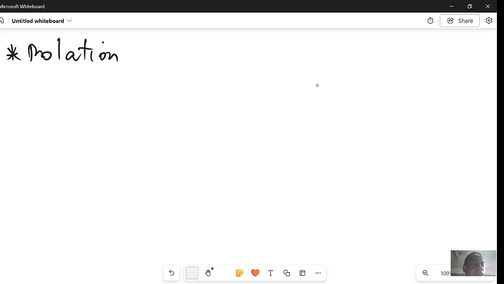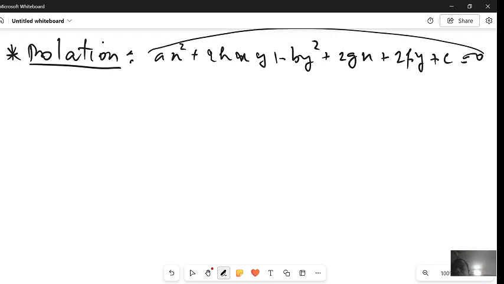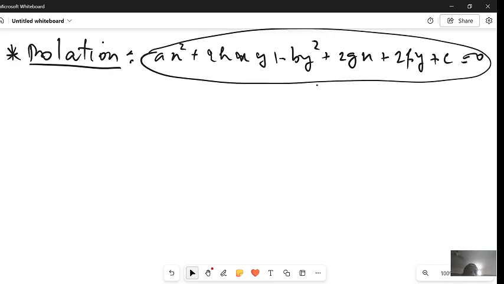Now I'm going to use the rotation. With rotation, the same general equation: ax square plus 2hxy plus by square plus 2gx plus 2fy plus c equals 0. But now I'm going to use a rotation.